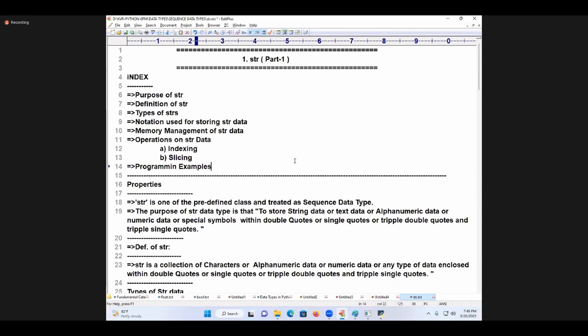Next, how many notations are there? Single quotes, double quotes, triple single quotes, triple double quotes. Backside, stand up. You cannot escape from me. I am very carefully looking at each student of mine. How many types of STRs?